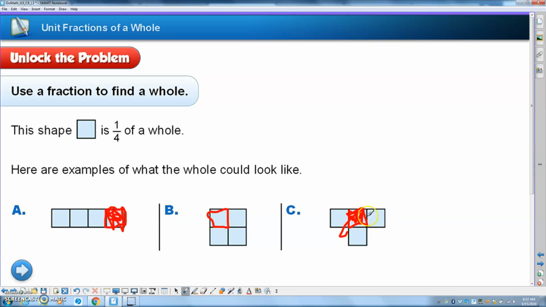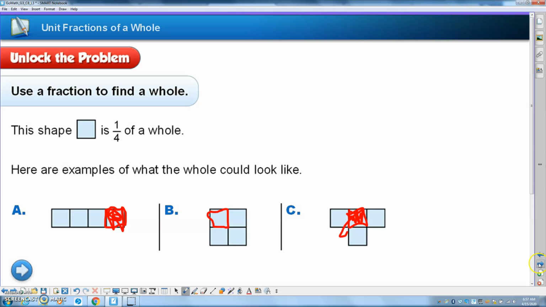So we counted 1 out of the 4 pieces. Even though our whole can look different, that bottom number tells us how many equal parts are in the whole. Each one of these shows us 4 equal parts. And the top number tells us how many we're counting. So we shaded 1 in each of these.